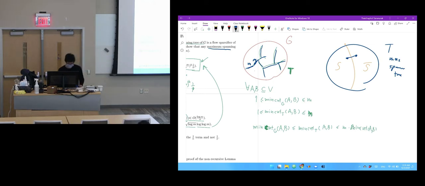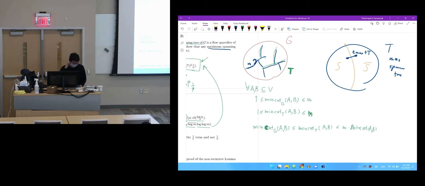So the edge max is always in the tree. There might be more than one edge crossing this cut, because the tree might look like this, but the edge that has maximum weight along the cut will be in the tree for sure.